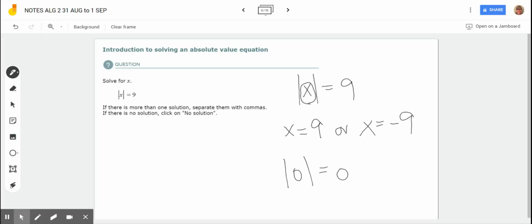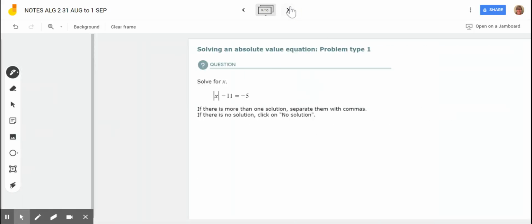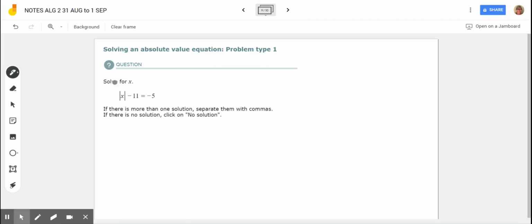Moving on. Next problem. This one says solve for x. Remember, we've got to use our problem-solving skills to figure out what we are trying to do. We're trying to isolate this variable, to get that one by itself.